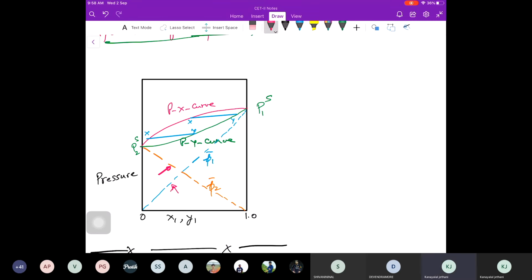Why is that? How do you say this is P1 bar and P2 bar? P1 bar का equation क्या है? What is P1 bar equal to? And what is P2 bar equal to? याद है किसी को? क्या देखा था हमने?